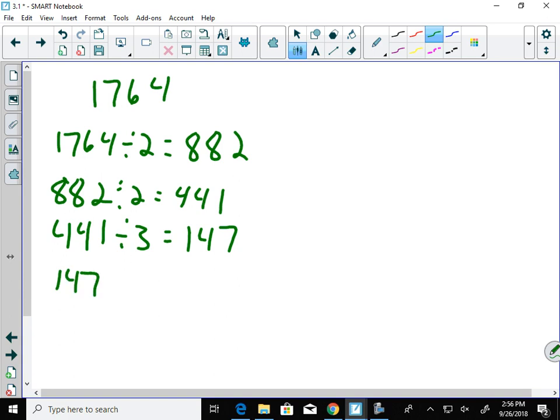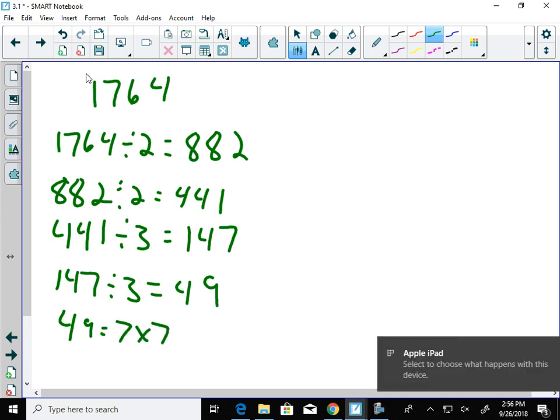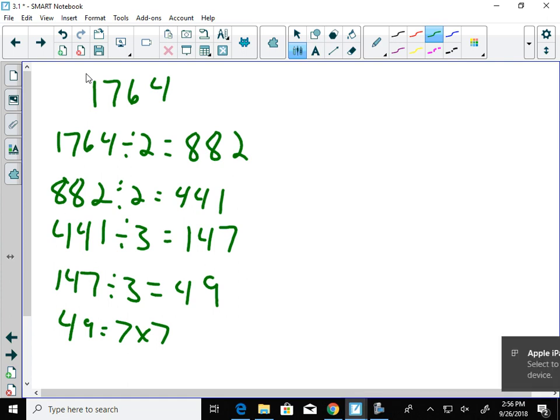Oh, I lied. 147 divided by 3 again is 49. 49 is just 7 times 7. Well, just hold on. I'll show you how it works.